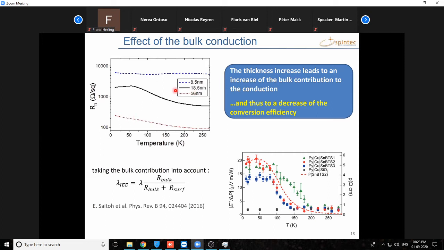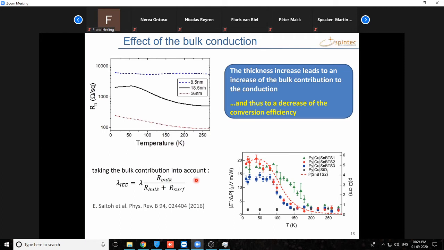And when the sample is thin enough, we start to see the predominance of the metallic surface states. So in that case, this has been shown in the group of Saitoh, that if you have too much bulk state, you have a reduction of the conversion efficiency of the inverse Edelstein length, because the bulk state is a relaxation channel that will decrease the effect of the spin to charge conversion in that case.